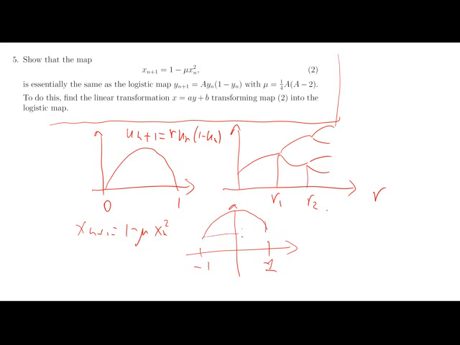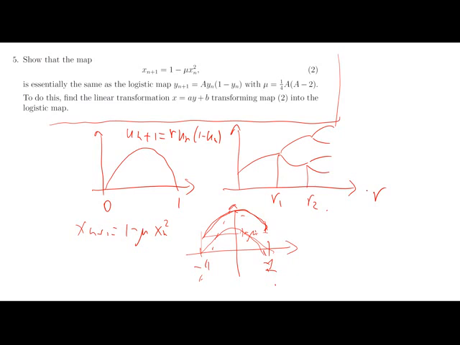So this value is 1 minus mu. If mu is less than 1, you will have this kind of shape. If mu is more than 1, it will be something like this, sharper. And if mu is equal to 1, it will be this. I'm afraid to plot it. I don't remember how it looks.